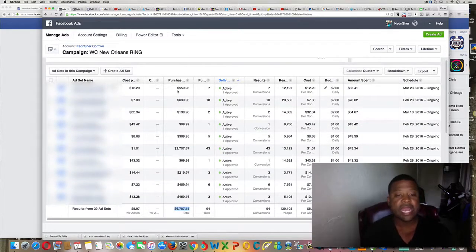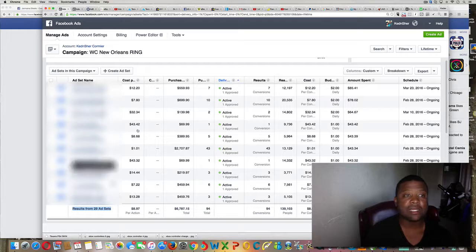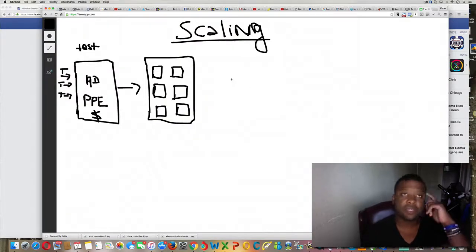And now, as you can see, those are the WC ad, which is the ad set. You see this one has 29 ads. This is results from the ads, it says 29, so there are 29 ads in this ad set. To get those 29 ads, we have a training that teaches it to you. You could also do it step by step, one by one.